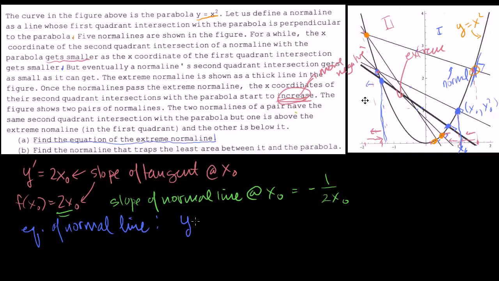You say y minus the y point, which is x naught squared, is equal to the slope of the normal line, minus 1 over 2x naught, times x minus the x point that we're at, minus x naught. This is the equation of the normal line.